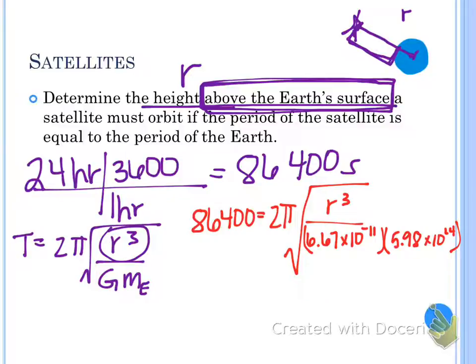Algebraically this is going to take a few steps. What should our first move be? Divide the 2 pi over. Exactly, divide that 2 pi over.